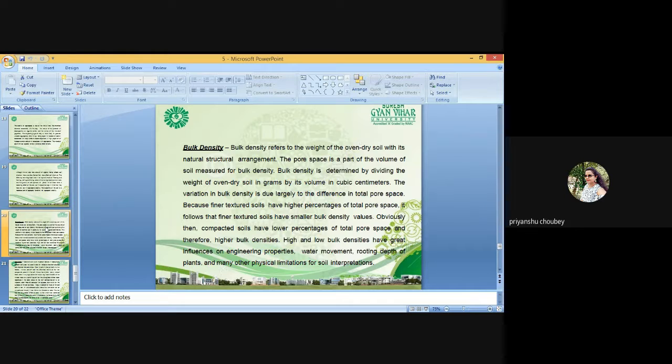So the depth of water, denoted by dw in centimeter or mm, may be calculated. dw is equal to θv, volume wetness, into dt.